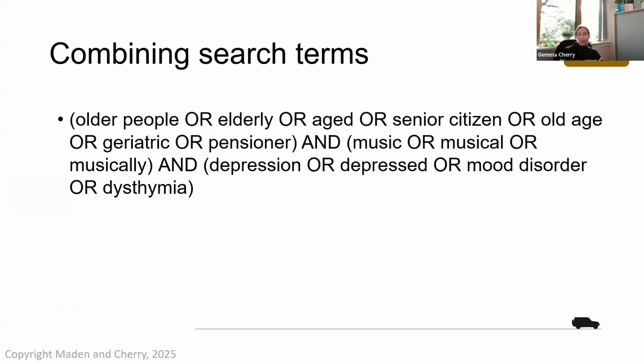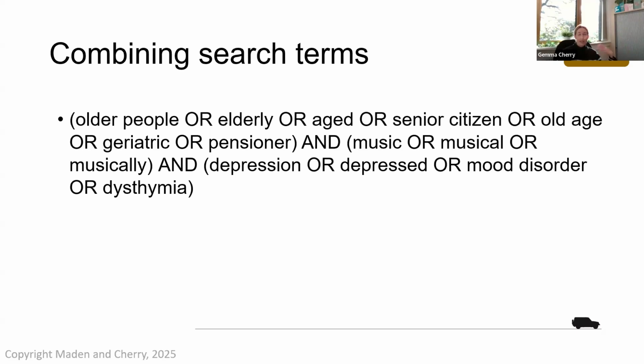So the trick here is to use the two to have a search that has an adequate balance of sensitivity and specificity. So brackets keep everything together. Here we would say, okay, we want any record that contains any of the terms that we've identified people may use to refer to older adults, and any of the terms we've identified to refer to music therapy, and any of the terms we've identified to refer to low mood.